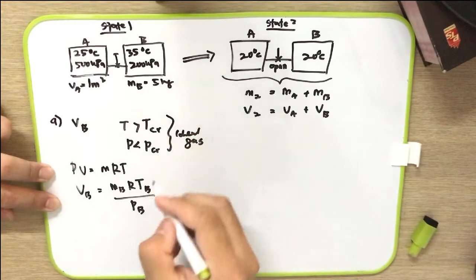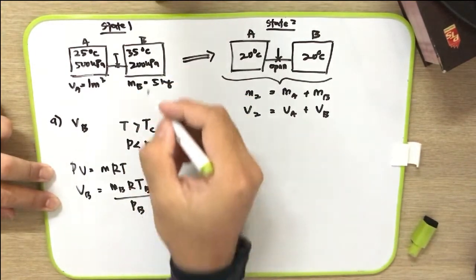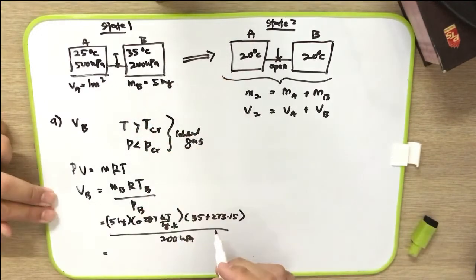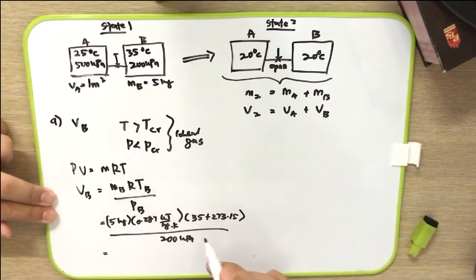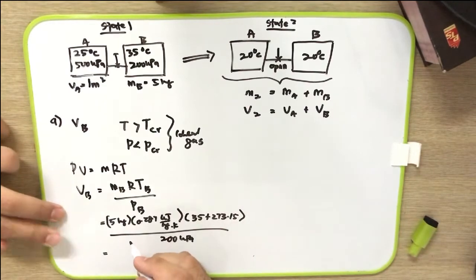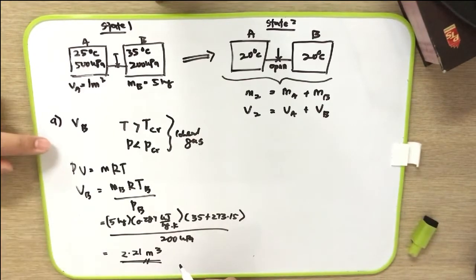MB is 5 kg, TB is 35 degrees C and PB is 200 kilopascal. When we substitute all the information into the ideal gas equation, we get the volume of 2.21 meter cube. So this is the volume of the second tank.